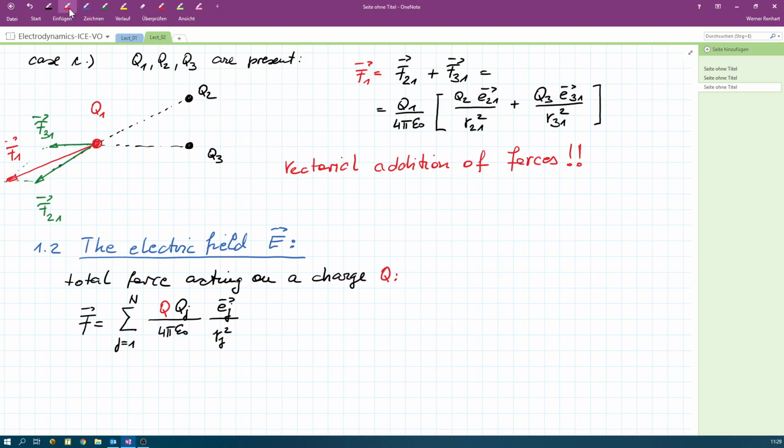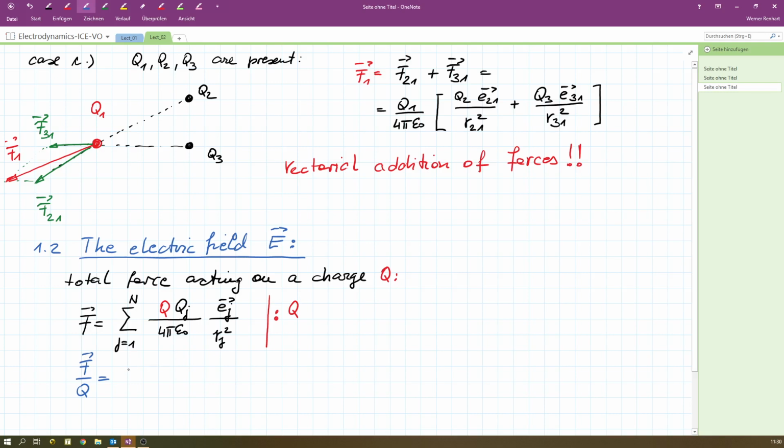So this means that we have always one constant q. This is the charge q, which is considered, on which the force is acting. We can divide this equation formally by this charge q. And we have F over Q. And this is a new vector because it has another unit, but it points in the same direction as F if Q has the same sign.